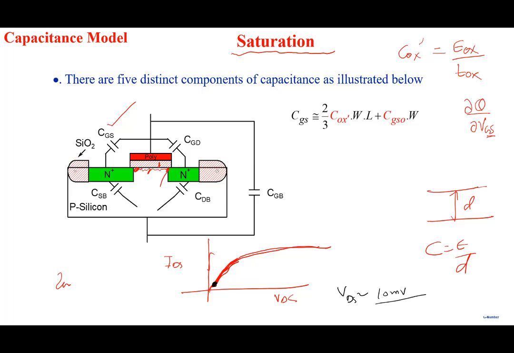Then what you would find is the channel charge is uniform. What do you think should be CGS? Channel charge is uniform. Your guess? It looks like a parallel plate, right? In a parallel plate you have plus here and minus here. Uniform channel, uniform charge density everywhere. So your guess? CGS?